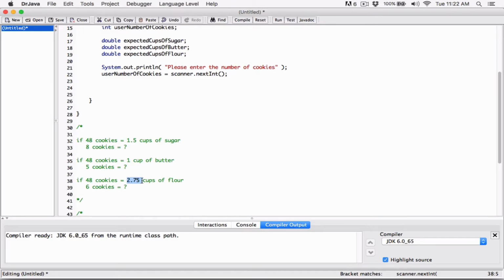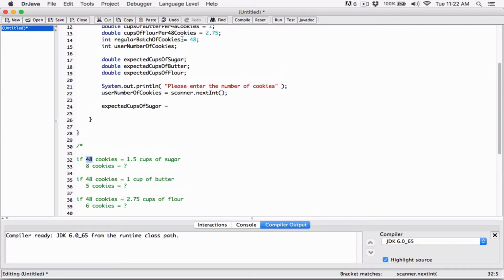To get the expected cups of sugar, for example, we're always dividing the user's number of cookies by the regular batch of cookies we just stored here, and then multiplying by the cups of sugar per 48 cookies, the cups of butter per 48 cookies, and the cups of flour per 48 cookies, and I hope you get me.